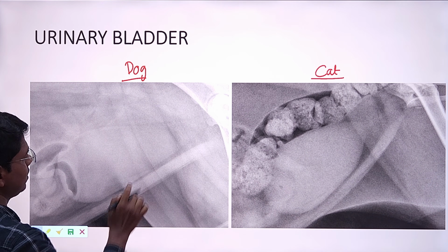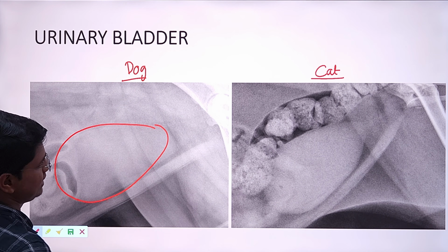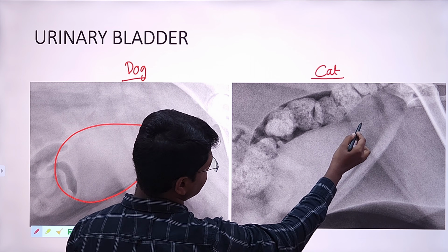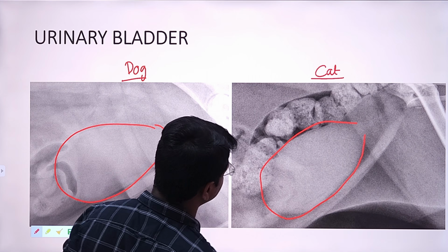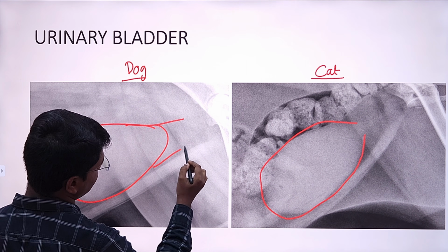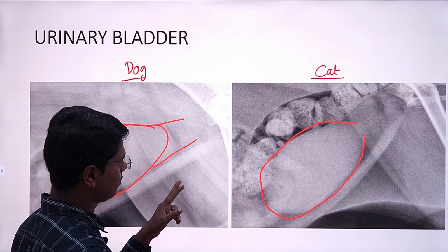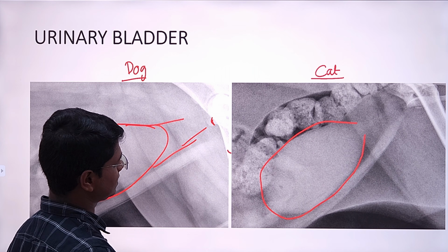In case of dog, the bladder is usually oval in shape, while in case of cat, it is more or less ellipsoid. Second difference is the neck of the bladder. This is the neck of the bladder, usually found just cranial to the pubis.